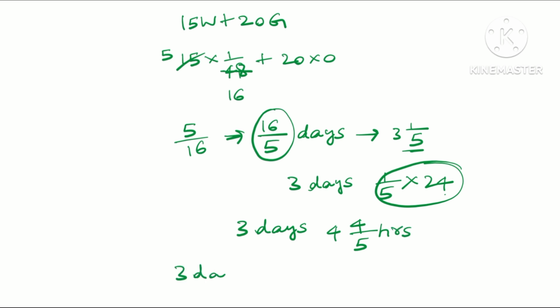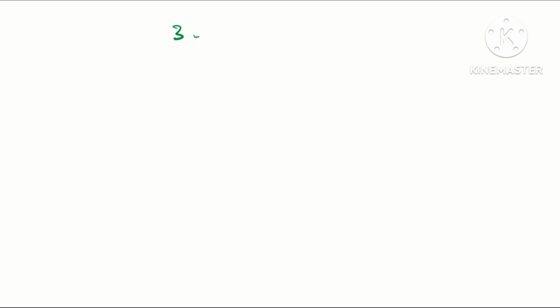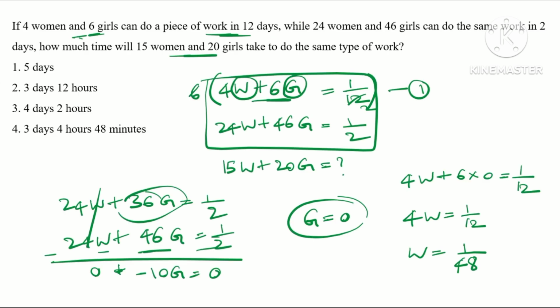So 3 days and 4 hours, and 4 by 5 hours. Let's convert to minutes. 5 ones are 5, 12 fours are 48. So the answer is 3 days, 4 hours and 48 minutes. Option 4 is the answer.